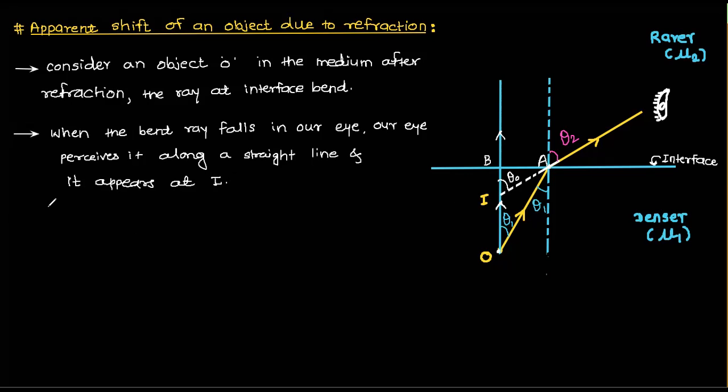Now see, for nearly normal incidence, tan theta 1 is nearly equal to sine of theta 1, and that is equal to, see here, sine theta 1 means this triangle, which triangle, OIA, right?